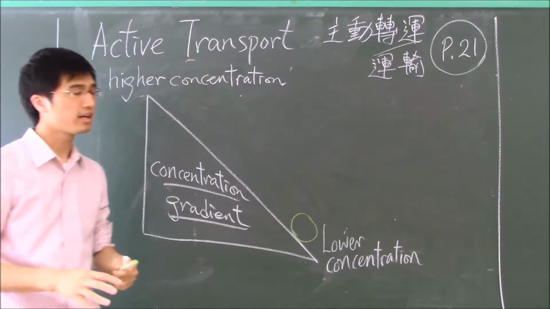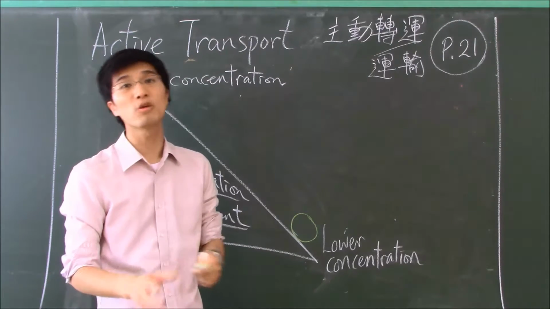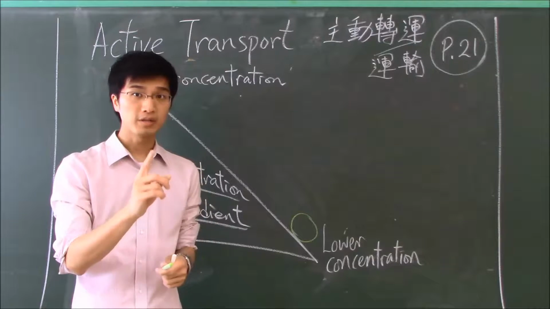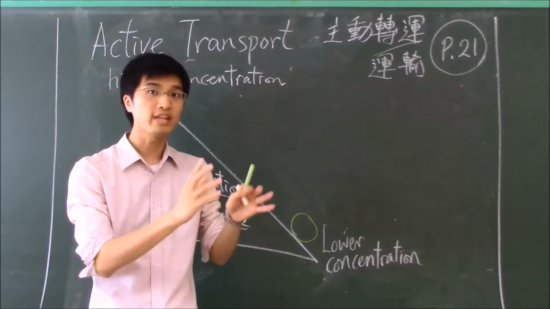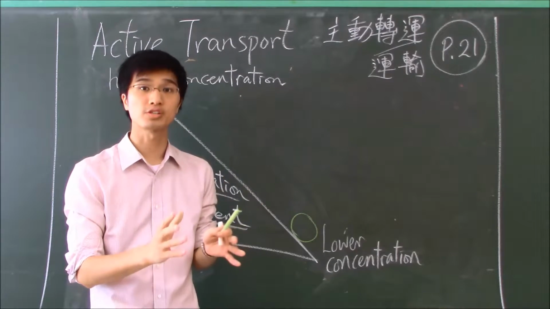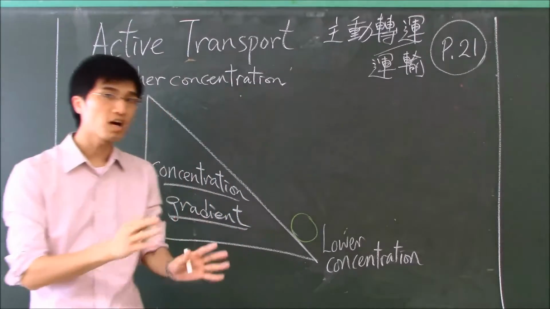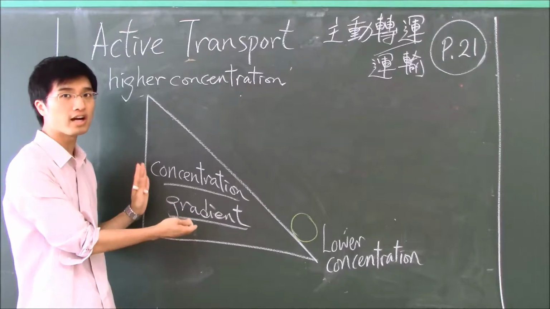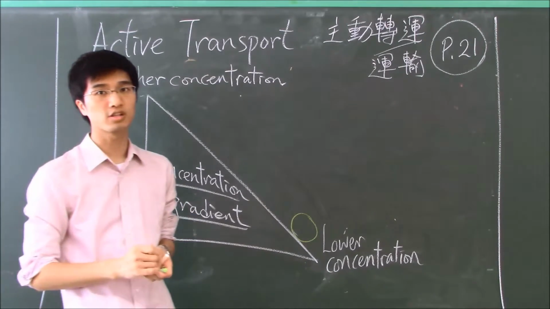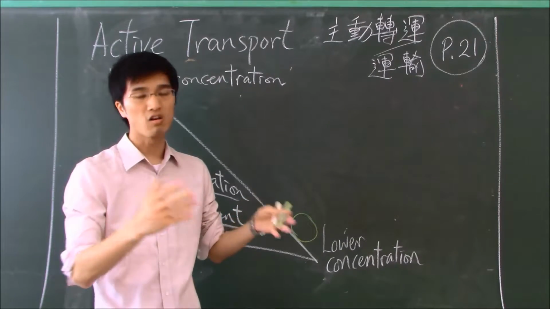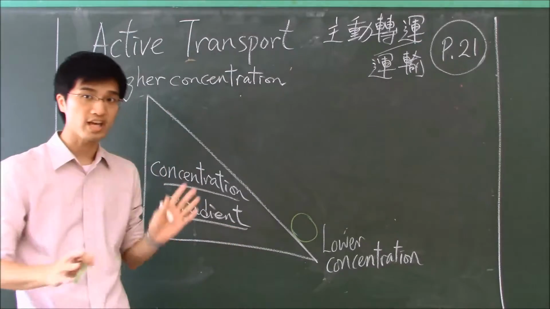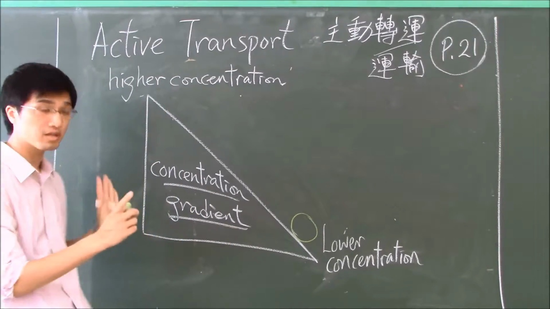It means the particles, the molecules, but except water, because the net movement of water is osmosis. It's not traveling along or against the concentration gradient, because water molecules are traveling along or against the water potential gradient. So it's not the case in active transport, make sure of that.